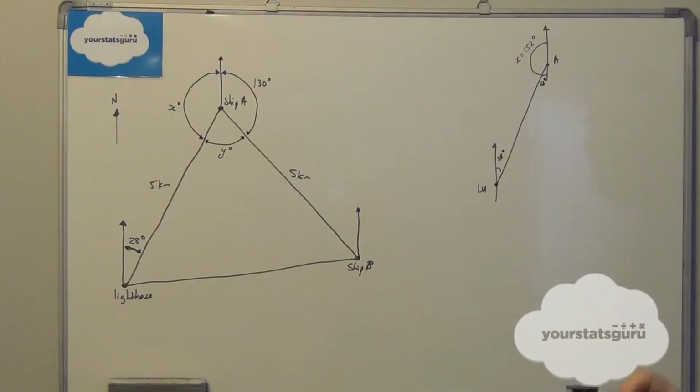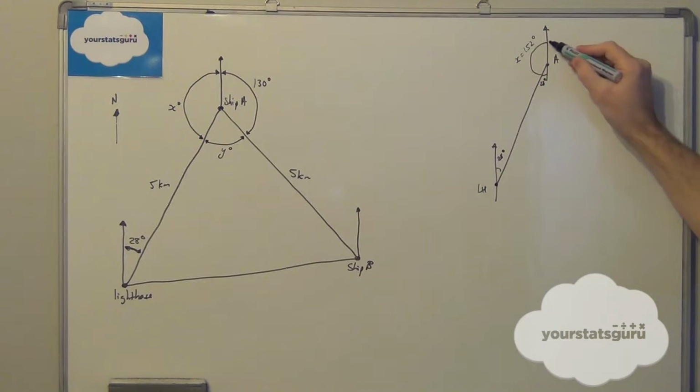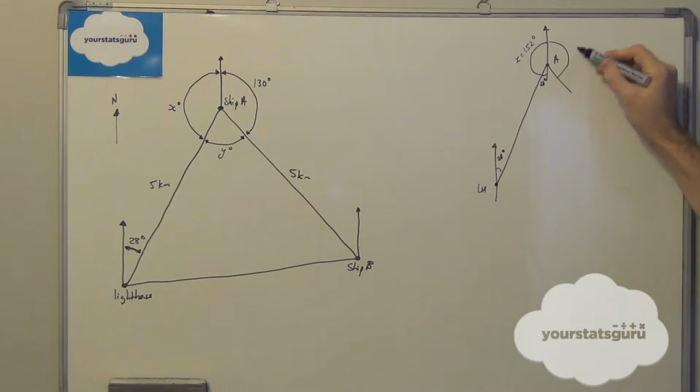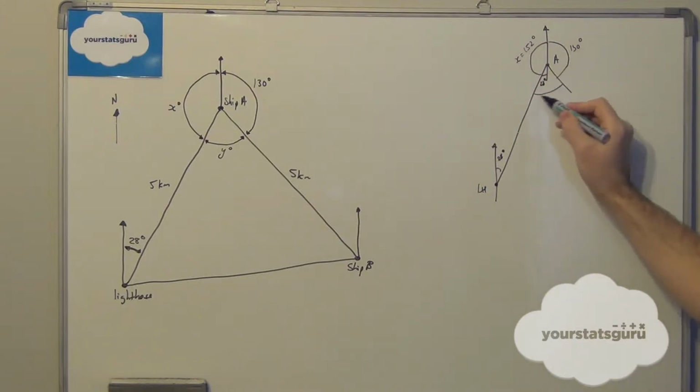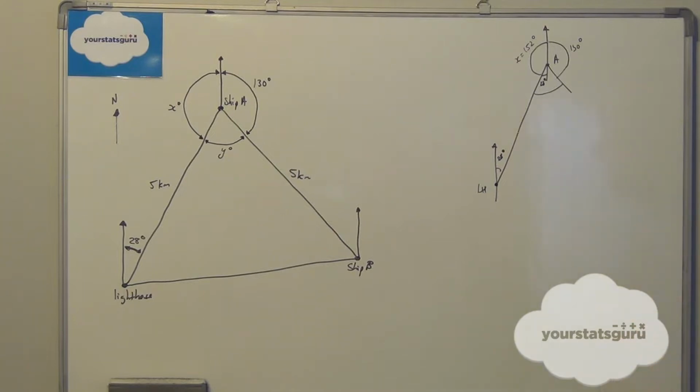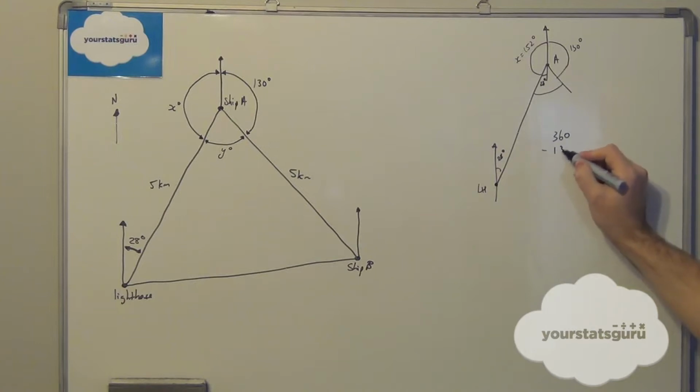To then find angle y, what I need to recognise is that if 152 degrees is there and 130 degrees is there, then the angle between must be 360 degrees minus the 130 and minus the 152. So that's 360 degrees minus 130 degrees, which will give me 230 degrees.